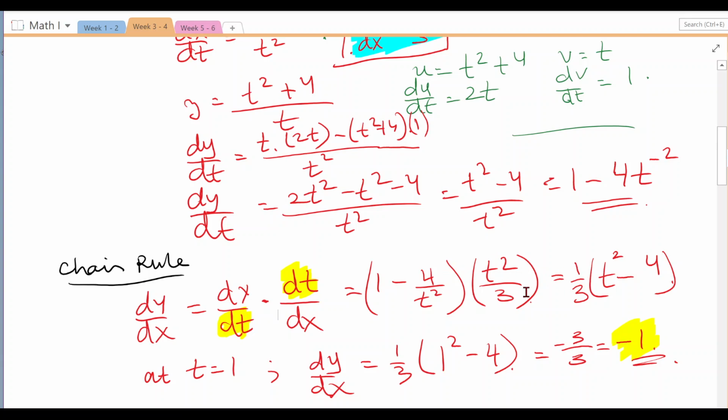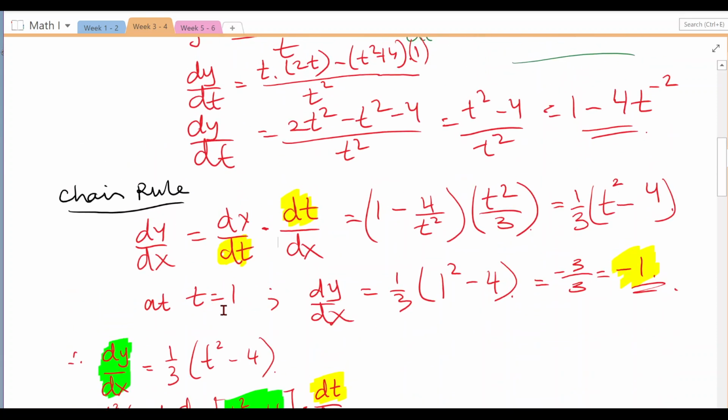Proceeding by calculation and distribution, we have 1/3 times (t squared minus 4), because the t squared gets cancelled here, leaving only 4. So this is our dy/dx, expressed in terms of t, simply by calculating this part here.